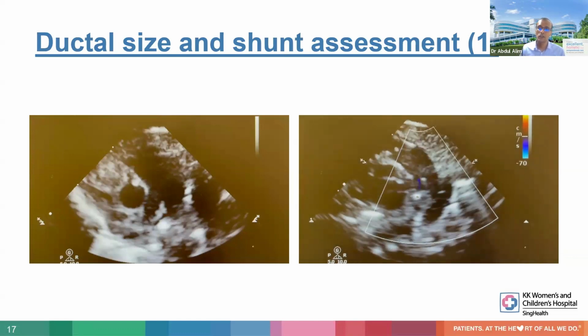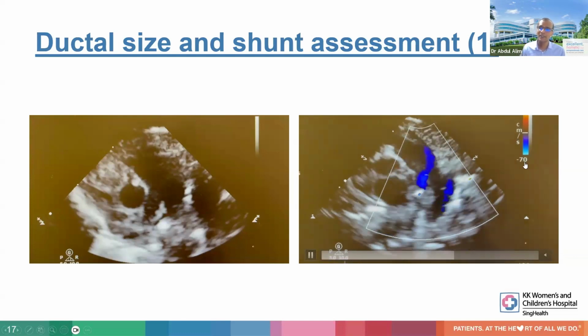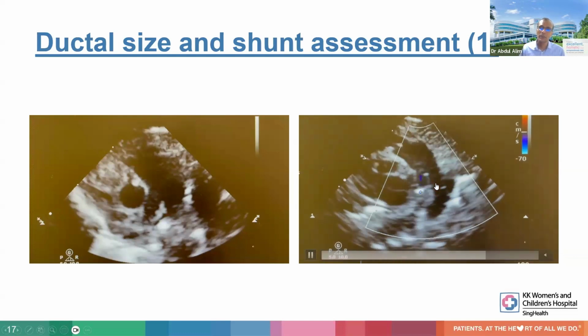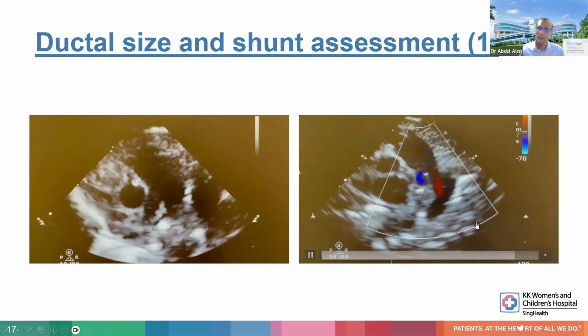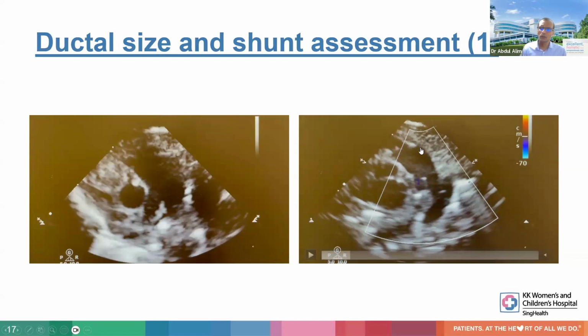That doesn't mean there is no flow, but because the scale is set slightly higher at 70, the flow velocity is less than 70. That's why you are not seeing any flow. So this very faint red color indicates a low velocity shunt.